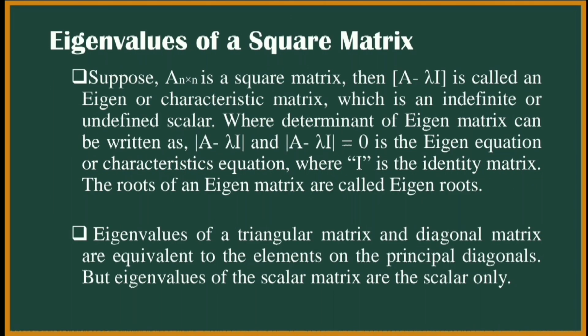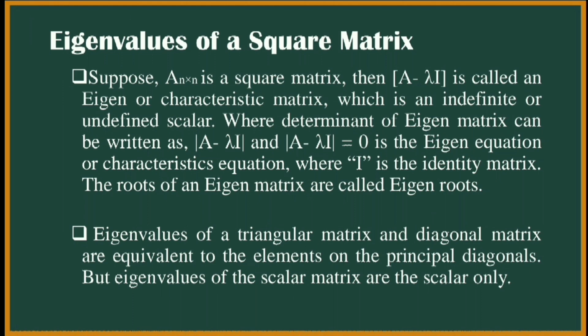So the eigenvalues of a square matrix. Suppose A sub n times n is a square matrix, then A minus lambda I is called an eigen or characteristic matrix, where lambda is an indefinite or undefined scalar.